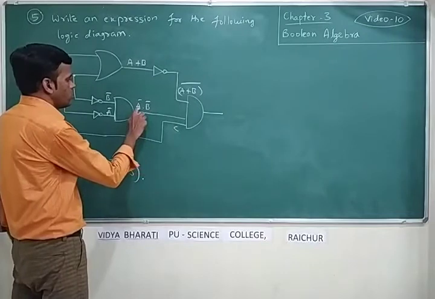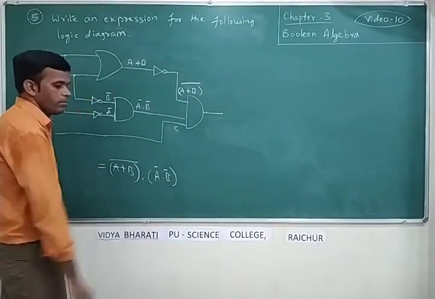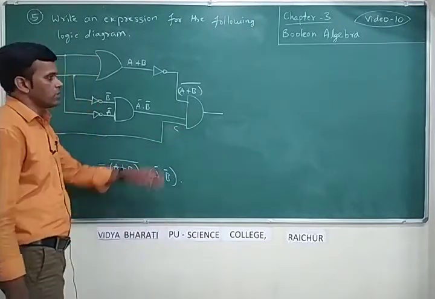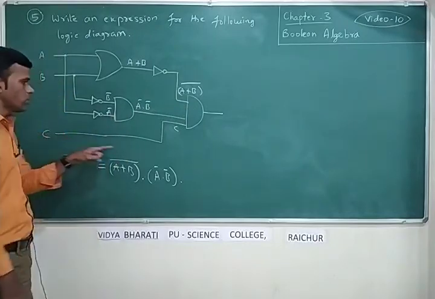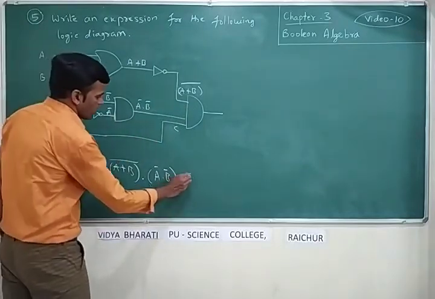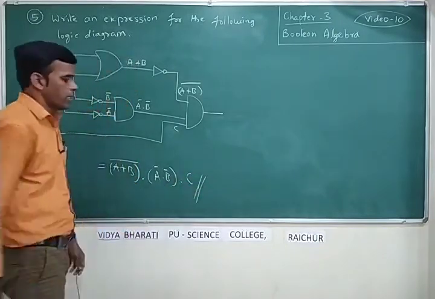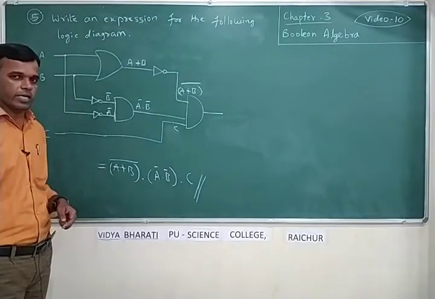The second line is this one, A bar into B bar. Because of the AND gate, one more dot. This is a 3 input AND gate. The last input is just C only. So this is the answer. This is the Boolean expression for the given circuit diagram.